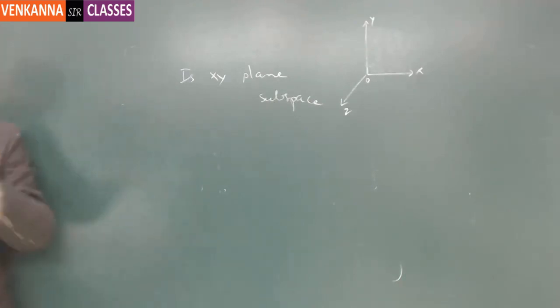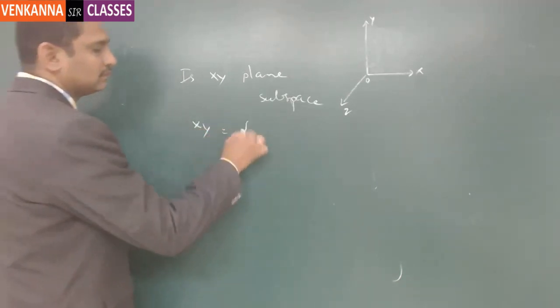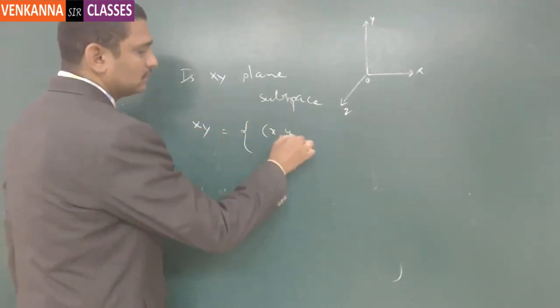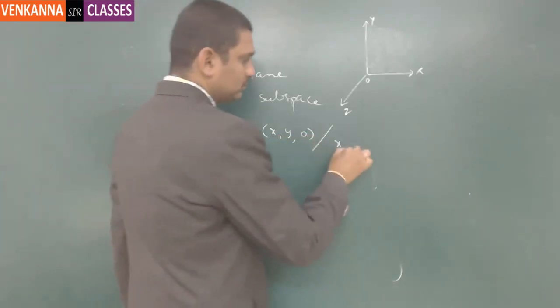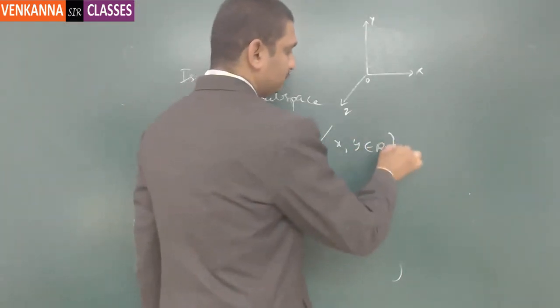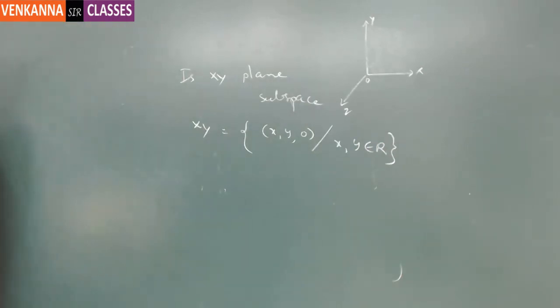So, if you want to write the points on the xy plane, how do we write? It contains all 3D points where x coordinate is present, y coordinate is present, z coordinate is 0, and x, y coordinates are nothing but real numbers. This is the definition of the xy plane. Accepted?